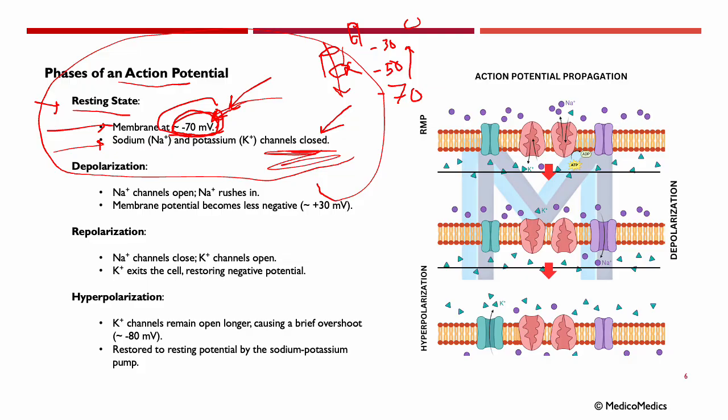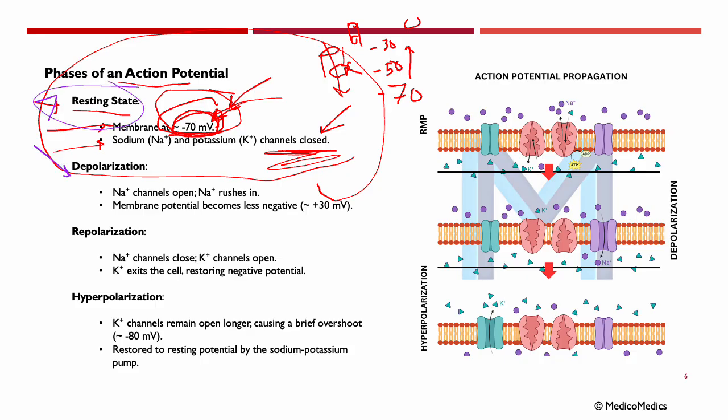How come we stop at minus 70 and why isn't it just continuously becoming more negative or positive? Because the whole idea is to keep the neuron, the cell, ready to fire when needed. And for that, we need to maintain the necessary electrical gradient. Okay? Now that's been clarified, let's move on to what happens after that.